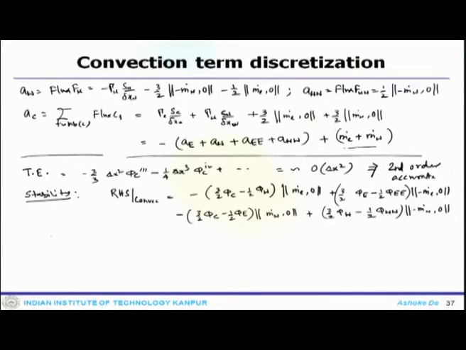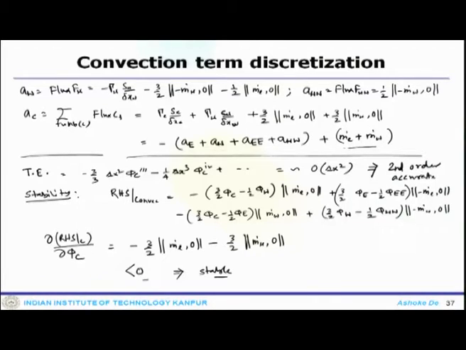So, the rate of change of the right hand side with respect to phi c would get you minus 3 by 2 m dot E 0 minus 3 by 2 m dot w 0, which is always negative and indicates that this scheme is also stable.